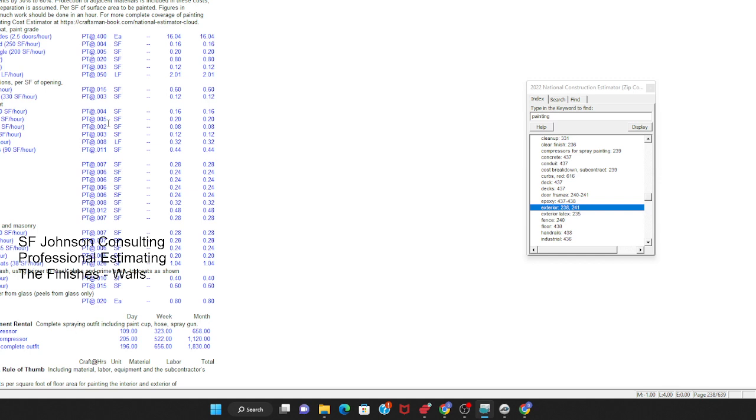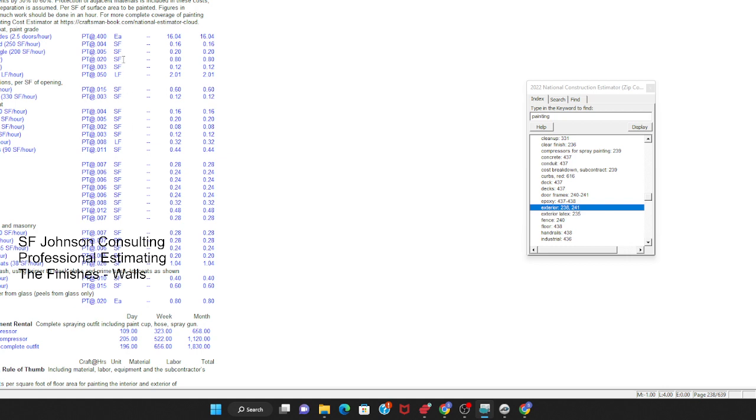You got your doors, and then you see siding smooth and siding rough. 0.004 for smooth, 250 square foot per hour, and then for rough or shingle, 200, right? Okay, so keep that in mind. This is why you get a good cost book, right?